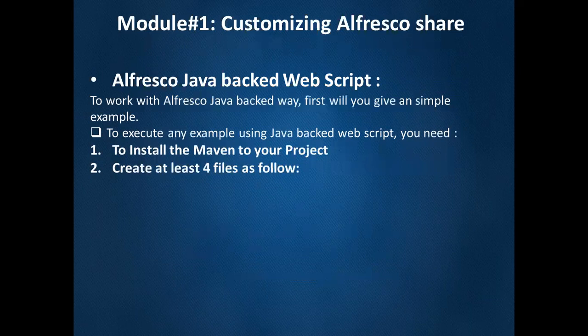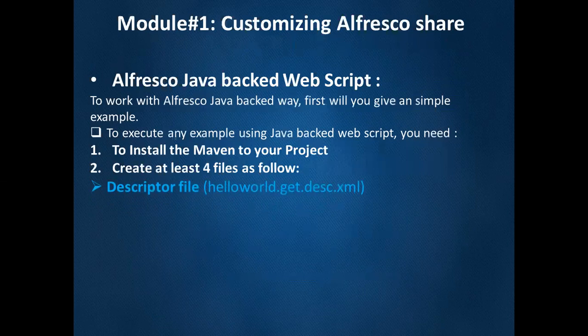The second thing is to create at least four files as follows. We will see what those files are, what the code of those files is, the path of those files, and how we should work with them. Let's start with the first file, the descriptor file.